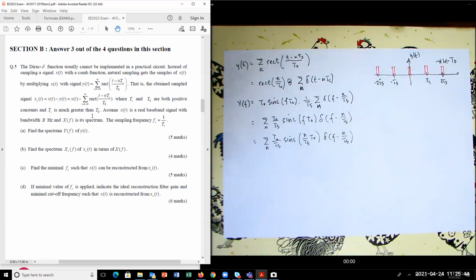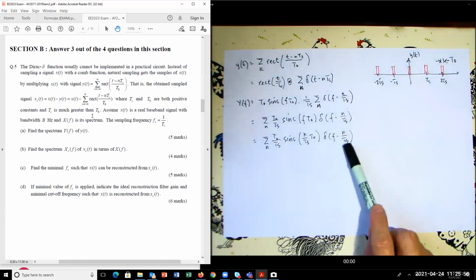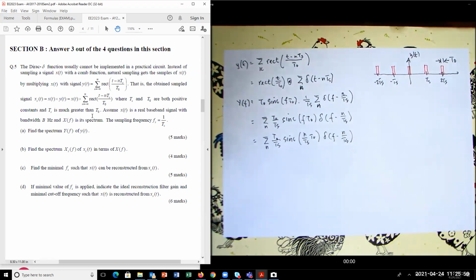So that's part A. Part B is to find the spectrum of Xs. Xs is the product of X and Y, and we already found the spectrum of Y. Of course, we do not know what X is because we are not told; X can be anything.